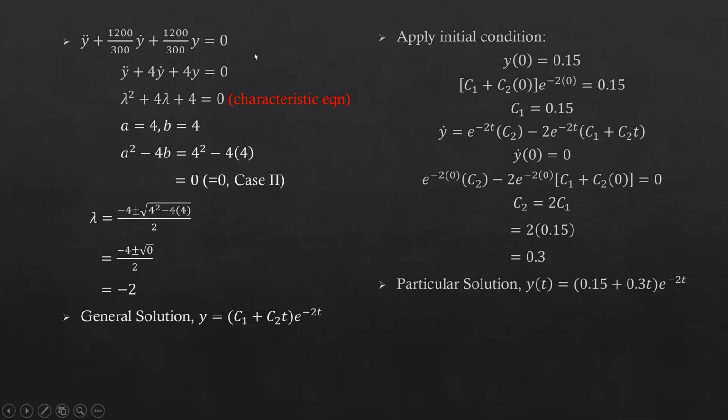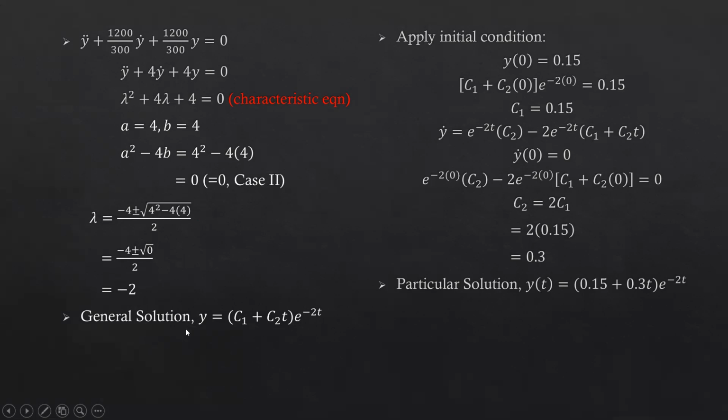After we find the value of c, we substitute all the values into the equation, and we write the characteristic equation, which is lambda squared plus 4 lambda plus 4 is equal to 0. And then we can find its root, which has only one root since this is case 2, which is negative 2.